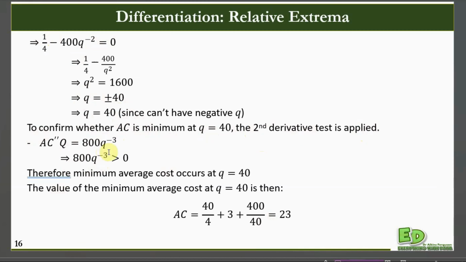That is greater than 0, and that shows that at that point there is a minimum point. So the minimum average cost occurs at 40 units indeed, right? The value of the minimum average cost at Q equal to 40: put this quantity of 40 into that average cost function, and then you have this 23 over here.